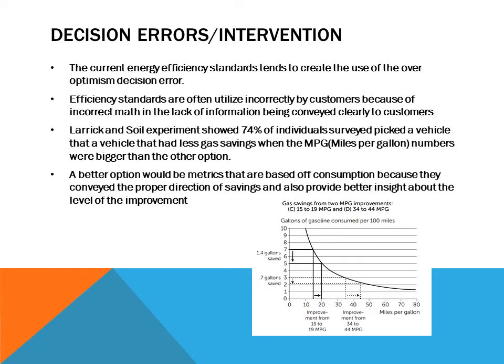In an experiment conducted by Larrick and Soll, they presented respondents with two options for a vehicle. One vehicle had an MPG, or miles per gallon, rating of 15 to 19.